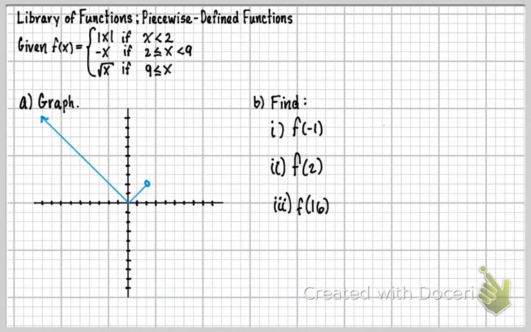Okay, now we're going to graph the next function, and that next function is negative x. Okay, so let's get a different color here. So for this negative x, let's see what that graph looks like. So that's going to be this function right here where I run this way.